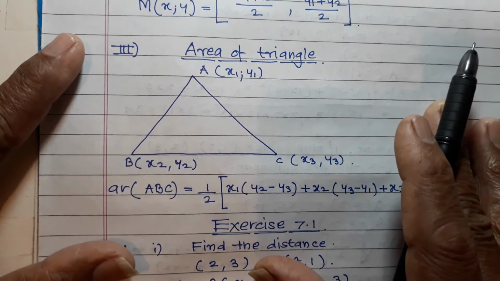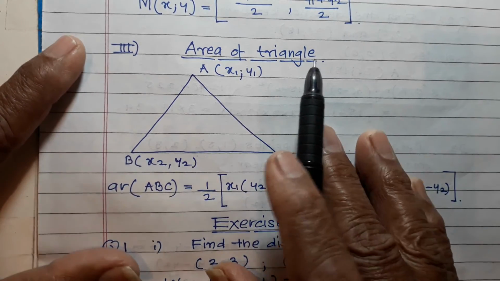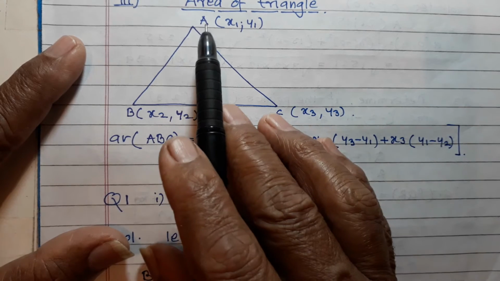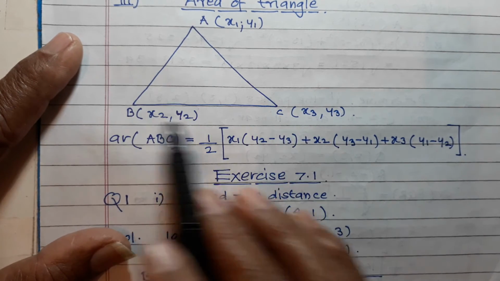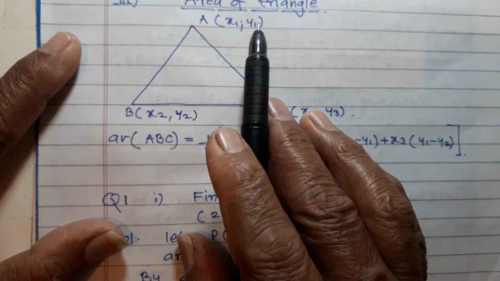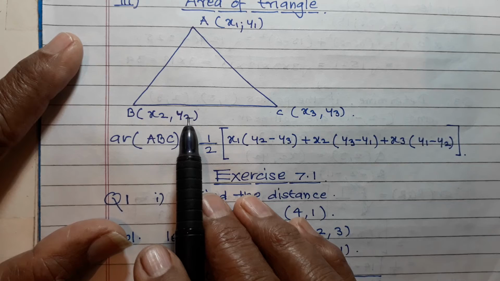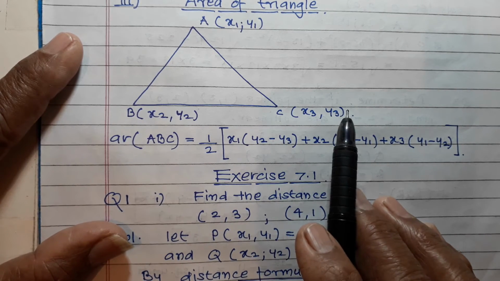And the third formula, which is important, is the area of a triangle. This is triangle ABC, in which A is (x1, y1), B is (x2, y2), and C is (x3, y3).